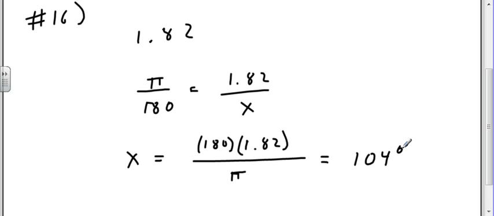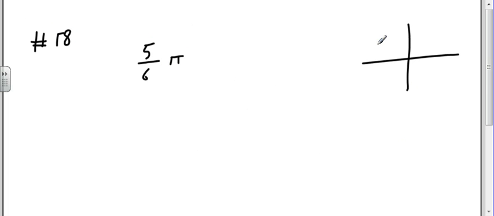Now, well, we've got to find the reference angle. Okay, so we'll do 18. And we probably want to find the reference angles in radians. Okay, so we've got 5 pi over 6, whatever it is. All right, 5 pi over 6. So we notice that this is in the second quadrant, and we remember that in the second quadrant, the angle is equal to pi minus the reference angle.